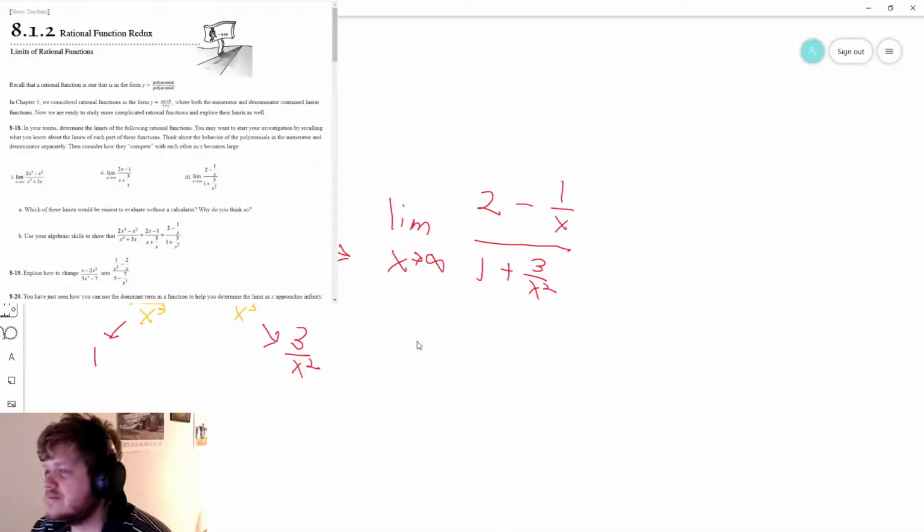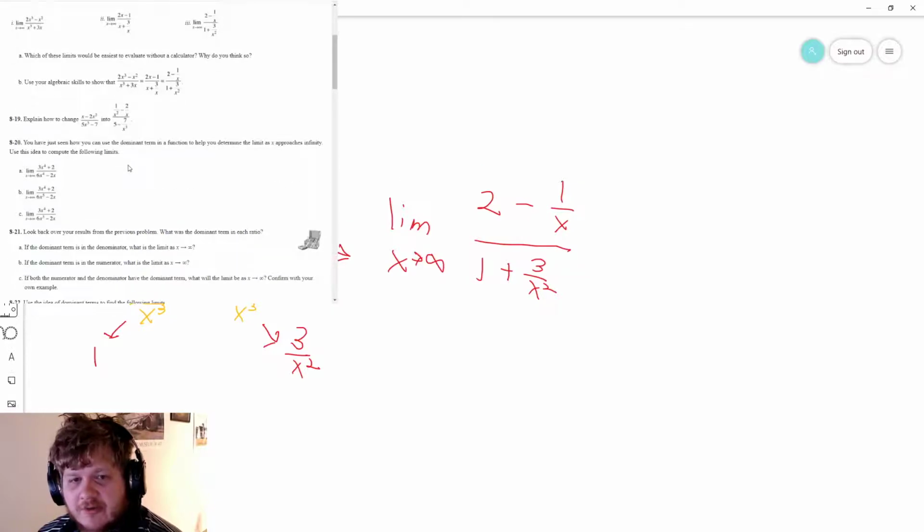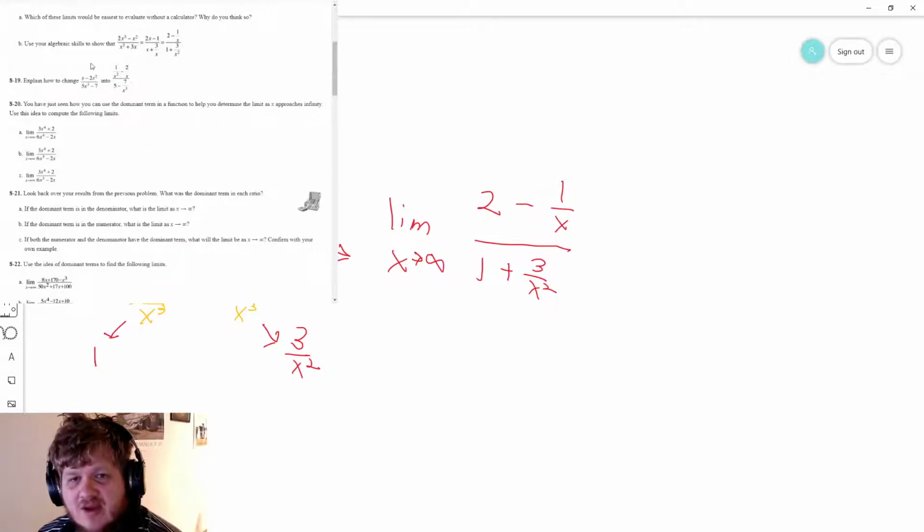Alright, so since we solved it like that, it just shows the equivalency. So if we go over to 3.8-19, you can explain how to change this function into this. The basic idea is you're changing all of your x components into versions of either whole numbers or functions of 1 over x.